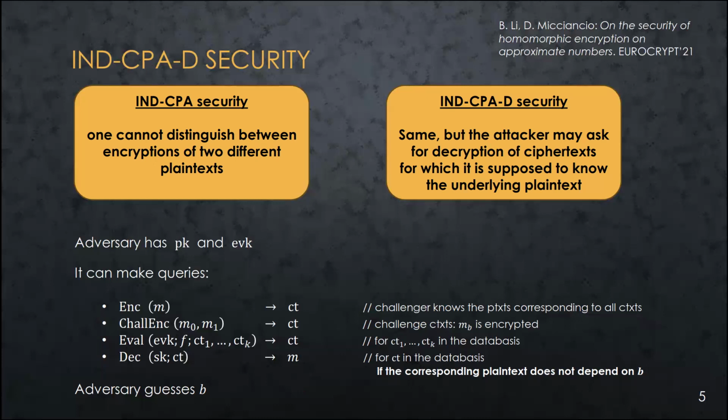And you can ask for decryptions of ciphertexts that are already in the database and for which the decryption doesn't depend on the underlying bit B. Otherwise, it would be trivial. And then the adversary has to guess B. So that's the type of security that we are going to consider during this talk.